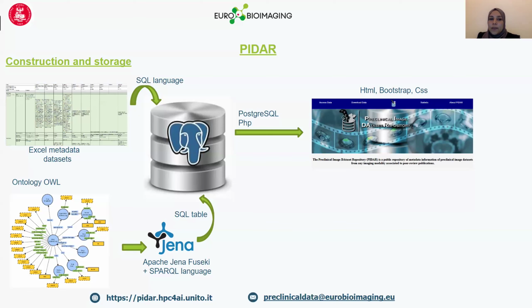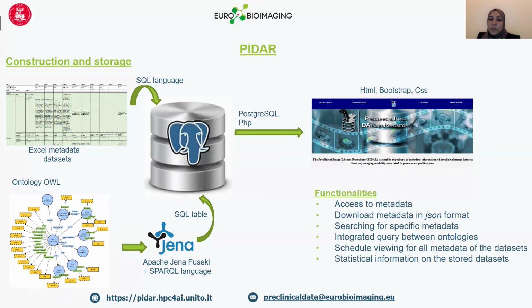In the same database, we save the information coming from ontologies, and we make the query in the Apache Jena software with the SPARQL language. And then we transform an SQL table to the database with the PostgreSQL PHP function. Then the user can access the web user interface created in HTML, Bootstrap, and CSS, and it's hosted by the University of Turin in Italy.